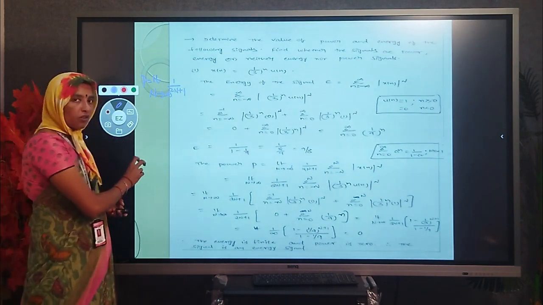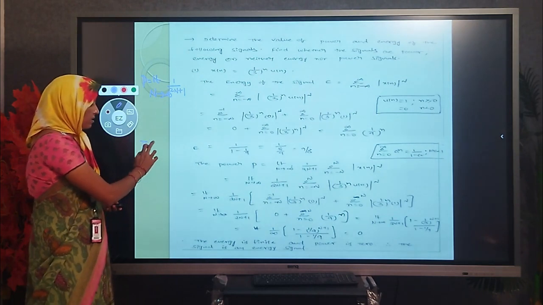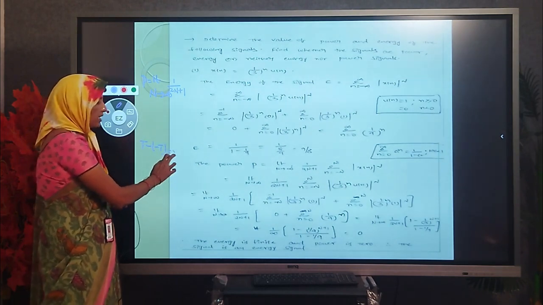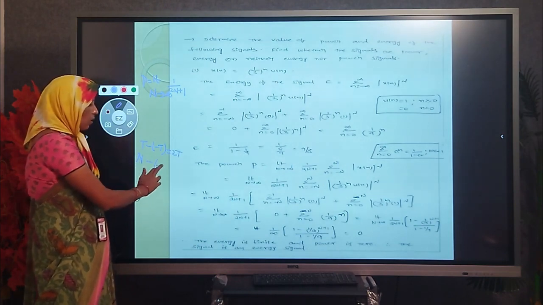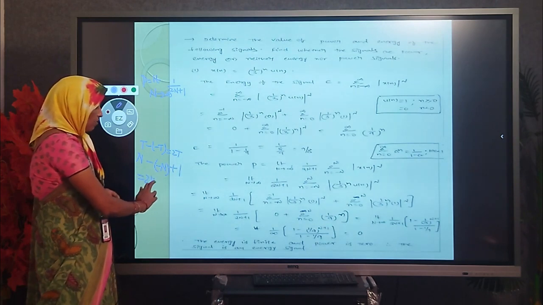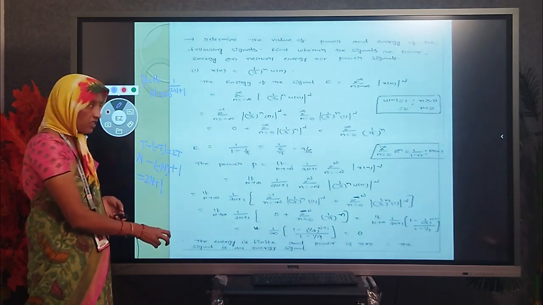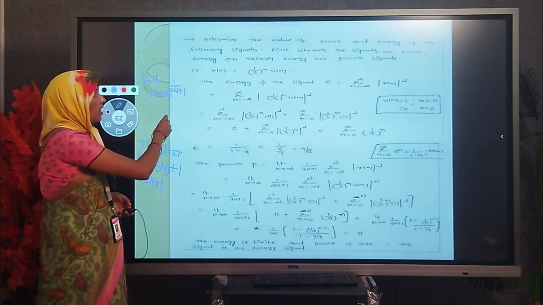In the continuous domain we take the period as upper limit minus lower limit, that is 2T seconds. But in the discrete domain, upper limit minus lower limit plus 1, a total of 2n plus 1 terms are there in the expansion. That's why we are taking 1 by the period 2n plus 1.